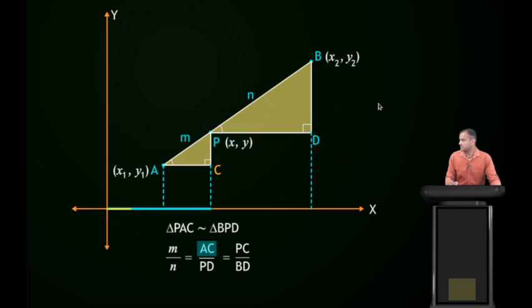So the distance of AC is the difference, x minus x1. Again for PD we can find the distance: it is x2 minus x. This is the distance x2, and after subtracting x we get PD.